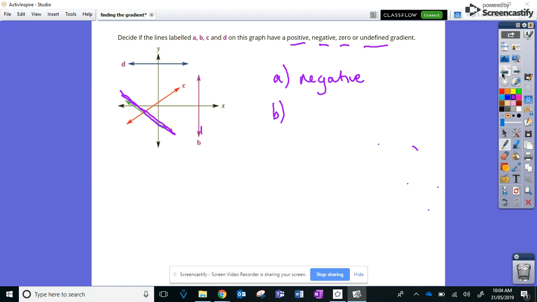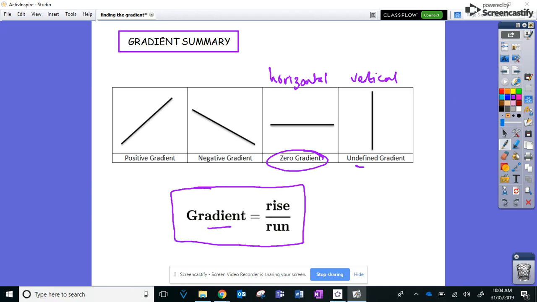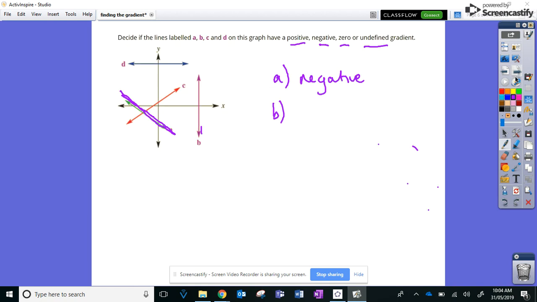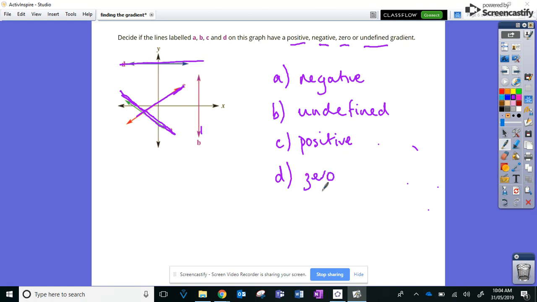Looking back, any vertical line has an undefined gradient. So we say it's undefined. Part C is this orange one. It's a positive gradient. It's sloping toward the positive. And part D, which is the horizontal line here, that has a 0 gradient.